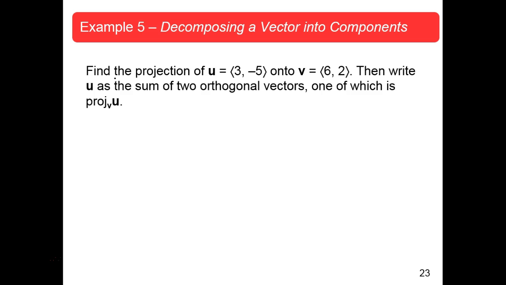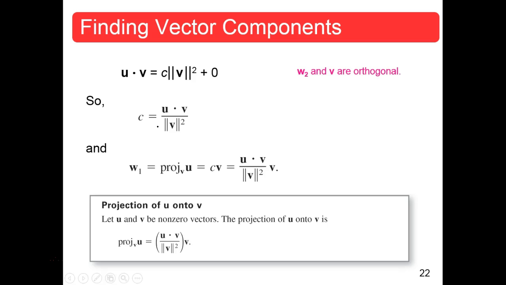Projection of u onto v, right? Okay. So let's do it. What would that be? This thing right here, projection of u onto vector v. Well, we just did it. It's this thing, okay?